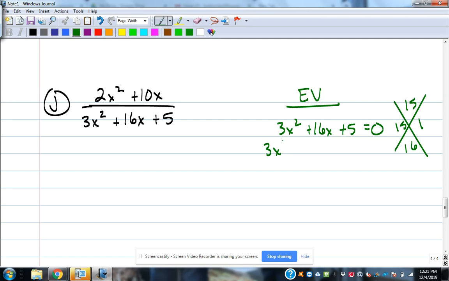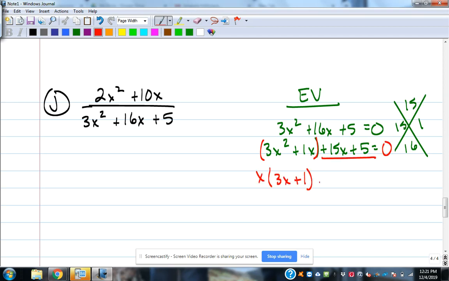So I can't do the shortcut on this. I've got to put the other stuff in there and group. Group the first one, x is the GCF, 3x plus 1 left over.